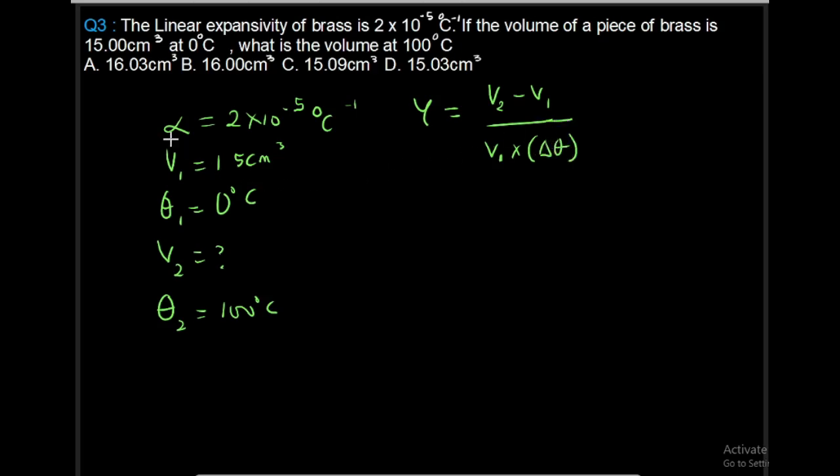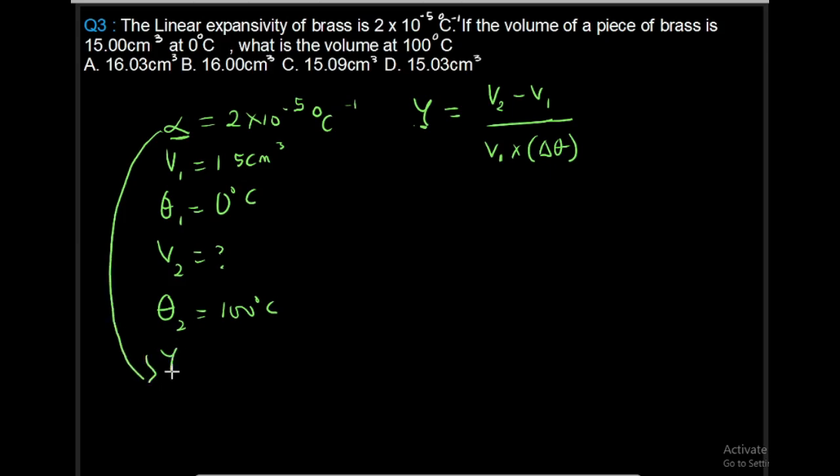But what they give to us here is linear expansivity, not volume expansivity. So we need to convert this linear expansivity to volume expansivity before we can use it in this formula. We cannot use linear expansivity with change in volume. No, that's wrong. We use volume expansivity with change in volume. Alright, so first we need to convert this linear expansivity to volume expansivity.